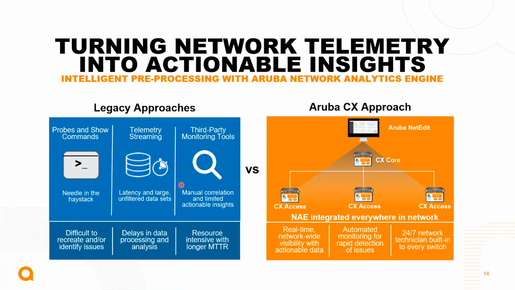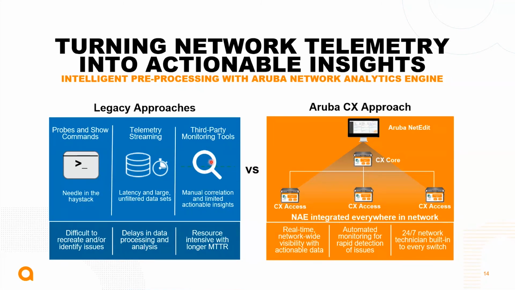Okay, so next, we can do telemetry streaming. The problem with this is that we can have a large amount of unfiltered data, which can cause latency in the network. The effect would be delays in data processing and analysis. Okay, so what we have also done is use third-party monitoring tools.